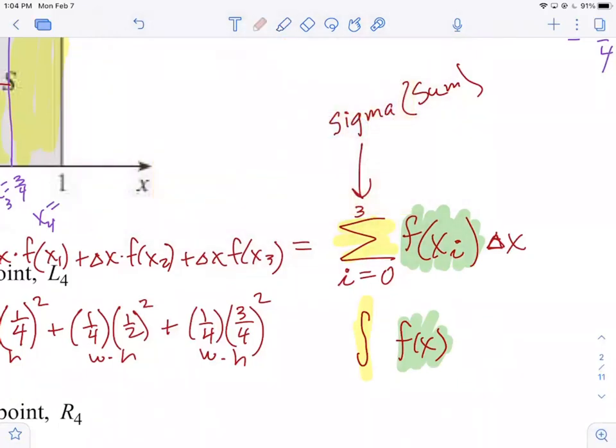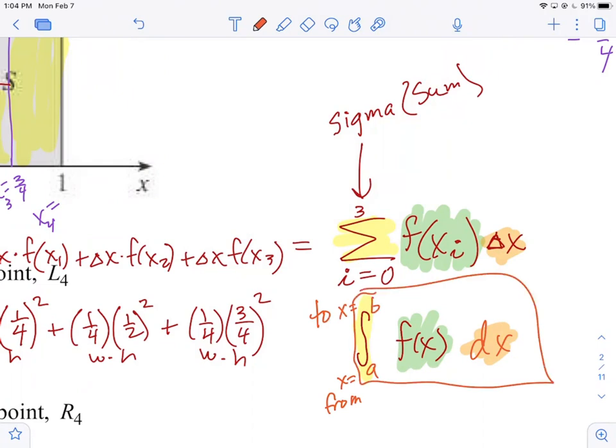Dx, yep, which is infinitely thin. And then the sum from I equals 0 to 3 becomes from x equals a to x equals b. And that's going to give us the definite integral.